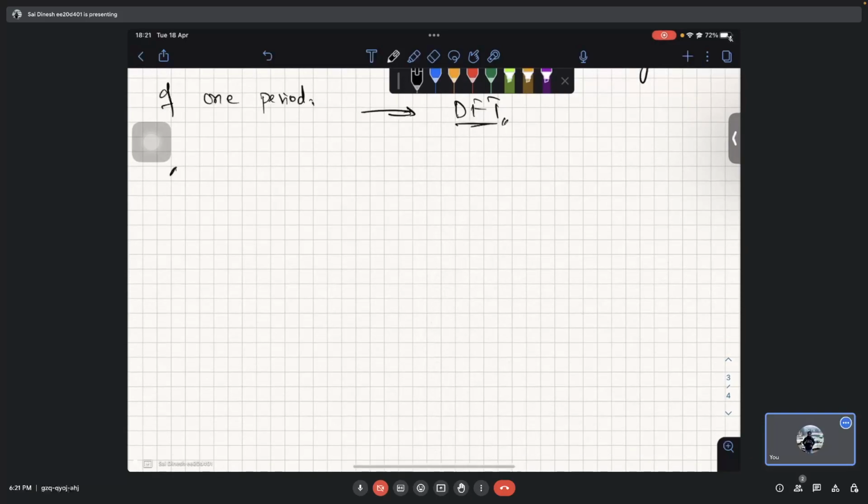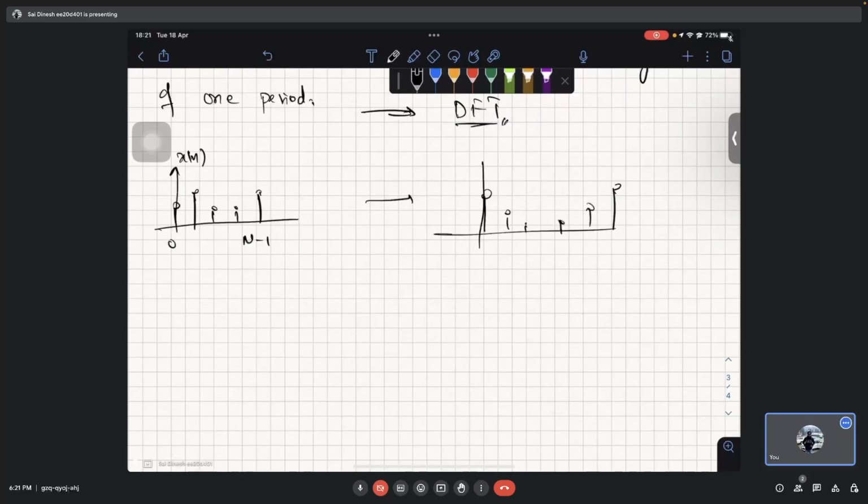So x of n is from 0 to N minus 1, and the frequency samples are at 0, 2 pi by N, up to 2 pi by N into N minus 1.